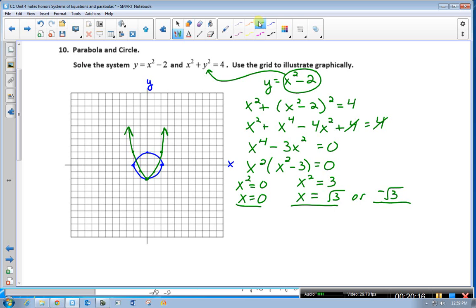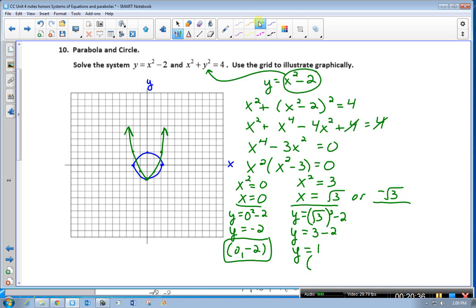So when x is 0, then y is equal to 0 squared minus 2. Y is equal to negative 2. So 0, negative 2. When x is radical 3, we have y equals radical 3 squared minus 2. So y is equal to 3 minus 2, or y is equal to 1. So it's radical 3, 1.